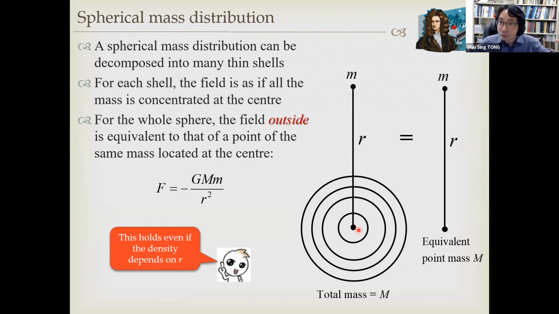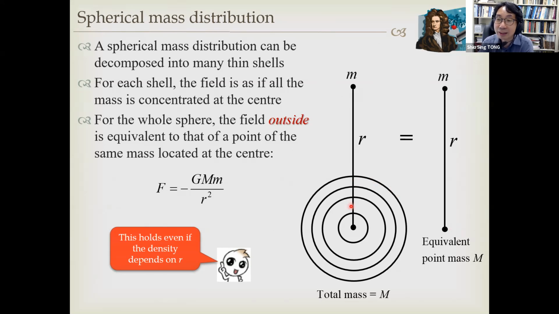So a mass at the outside will feel a gravitational force just like an equivalent point mass capital M at the center. So the gravitational field of a spherical object is the same as the gravitational field of a point mass at the center. It doesn't make any difference. That is the important result.